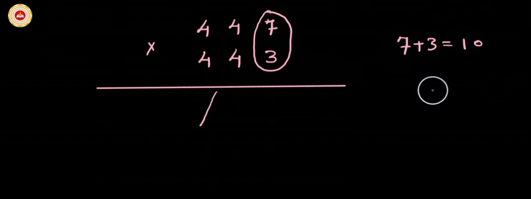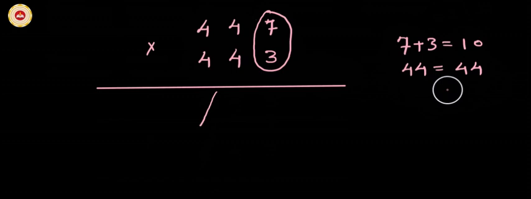Now the second condition: these two digits in multiplicand and these two digits in multiplier are identical. 44 in multiplicand and 44 in multiplier. So the second condition is also satisfied.